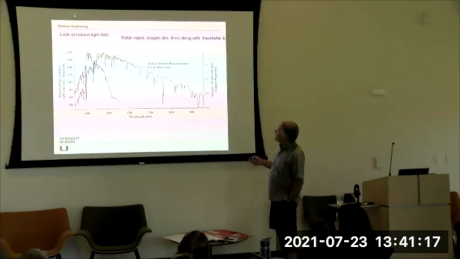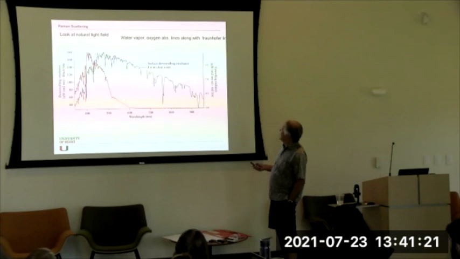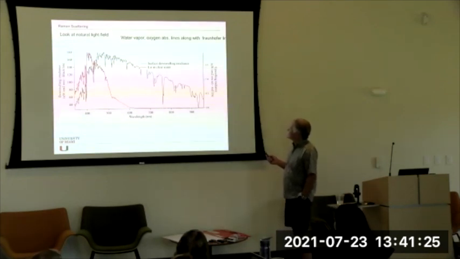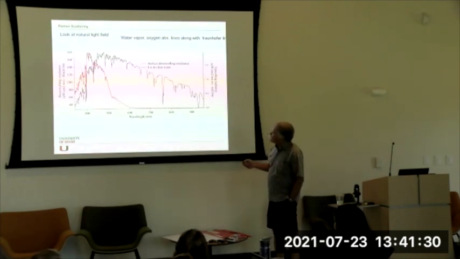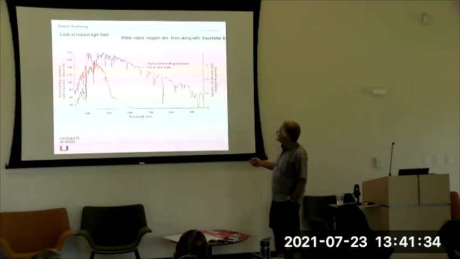Basically, if you look at the natural light field, the red curve is the upwelling radiance, in microwatts per centimeter squared per nanometer per steradian. So this is the light coming out of the ocean. This is the light coming in. There's all sorts of cool things going on here.